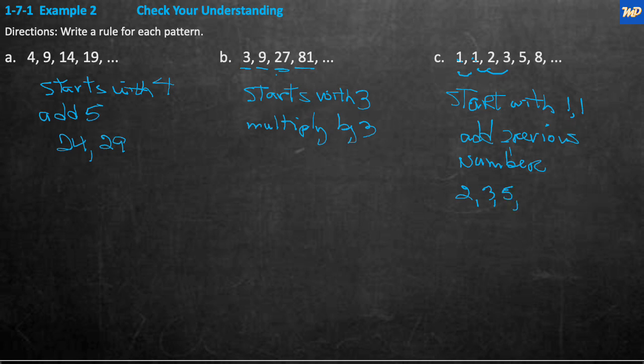And when I add 5 and 3, I get 8. And so the next number is going to be 5 and 8 is 13. And then 13 and 8 is going to be 21, right? Okay. There we are. I think those are the rules.